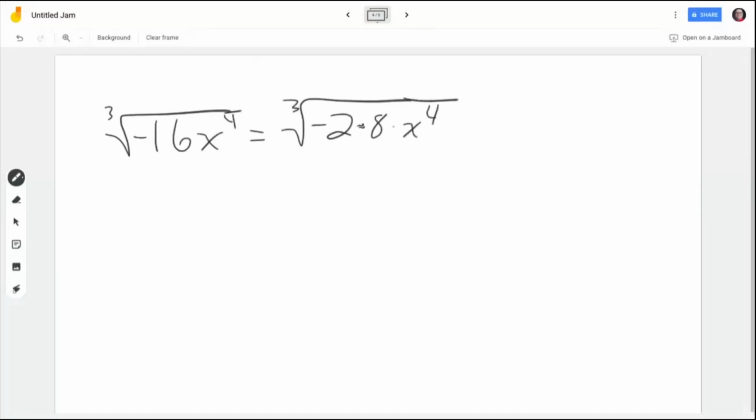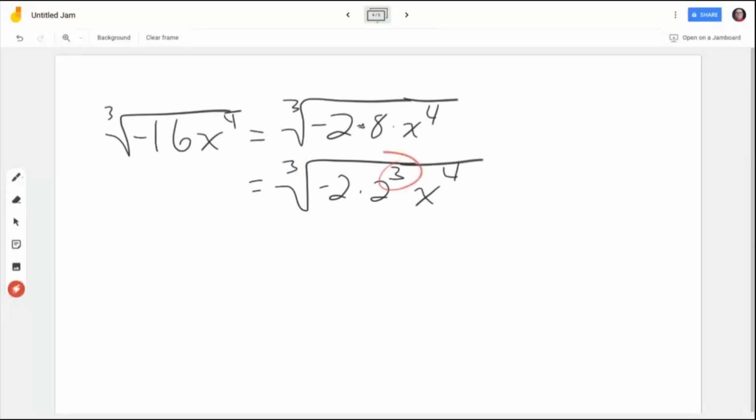And what we learned before is that 8 is 2 to the third. So we'll have the cube root of negative 2 times 2 to the third times x to the fourth. So we already know we got this third here, we got this third here. We can pull out a 2. So we'll end up with 2 times the cube root of negative 2 x to the fourth.